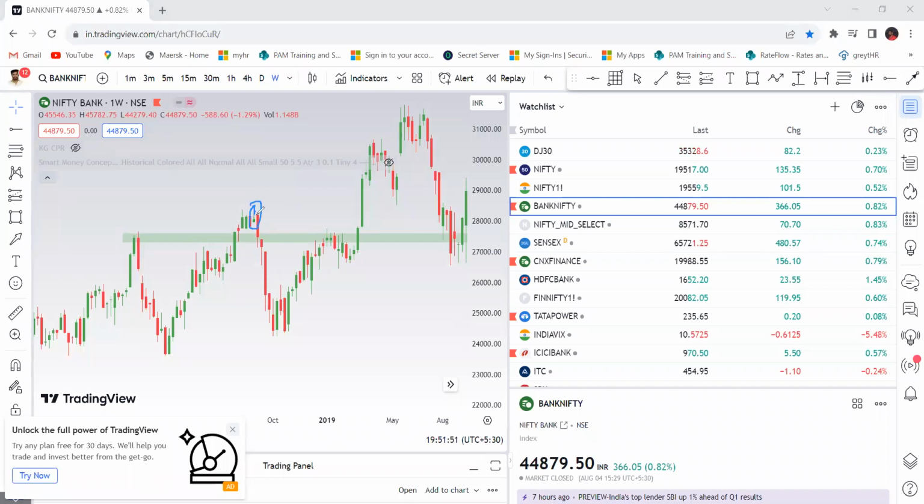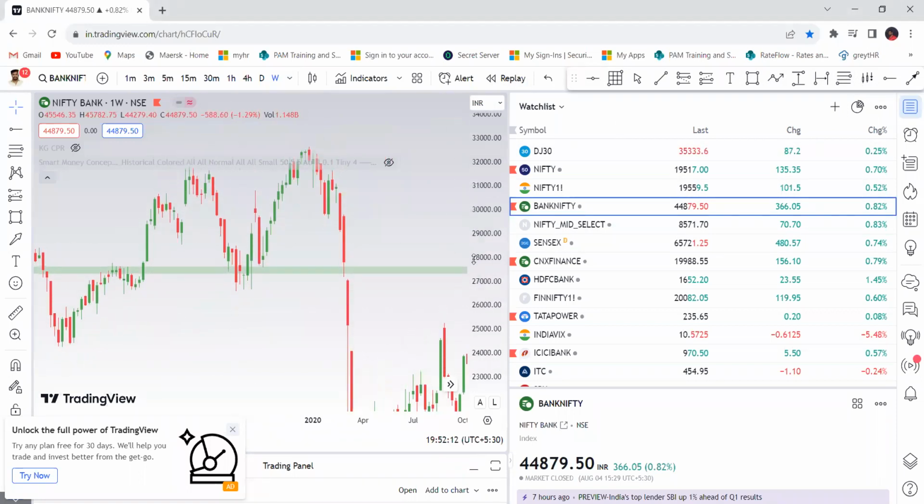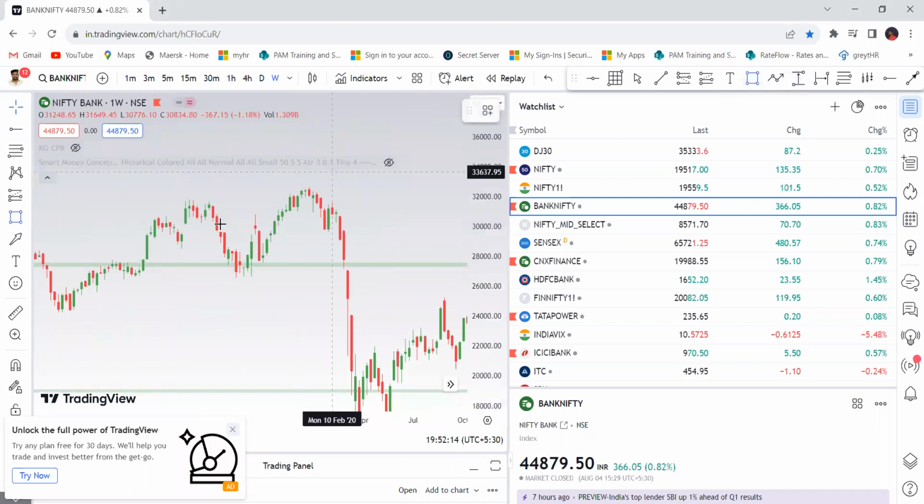So once this shooting star is formed, the price dropped. Or maybe we can see a perfect resistance, because I'm just looking into the weekly chart. That's the reason you are getting a candle like this. Let's see a shooting star somewhere else. Yes, I think I got it here.